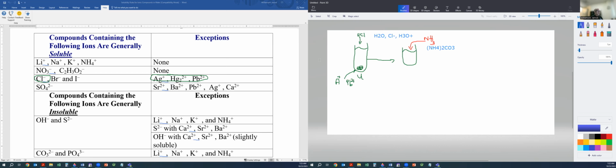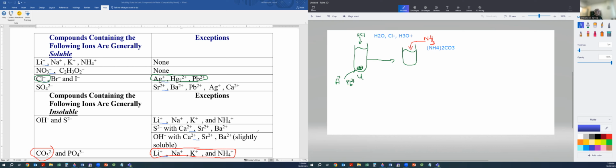And if I look at my solubility chart here, the carbonates are all not soluble. They all form precipitates except for these guys.